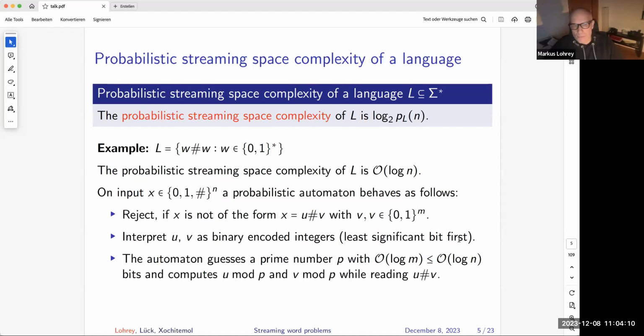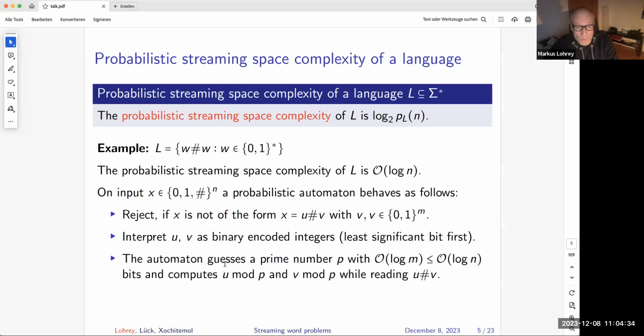And then the automaton, and now the randomness comes into play. Namely, the automaton guesses in the beginning a prime number P with log M many bits. M is the length of U and V. Of course, M is at most N, so this is at most log N many bits that the automaton guesses.